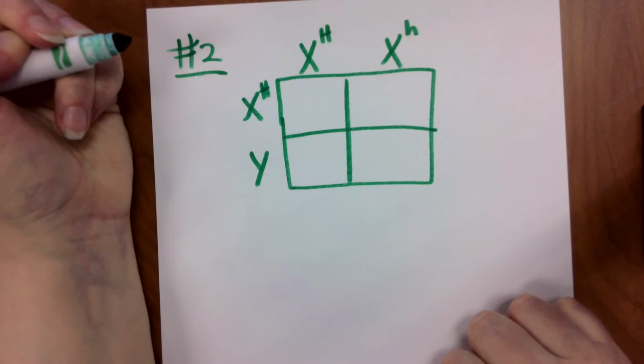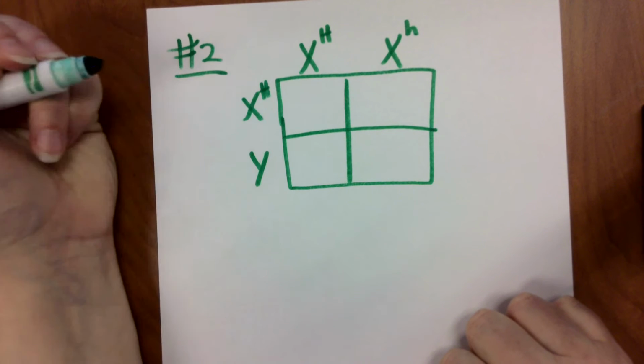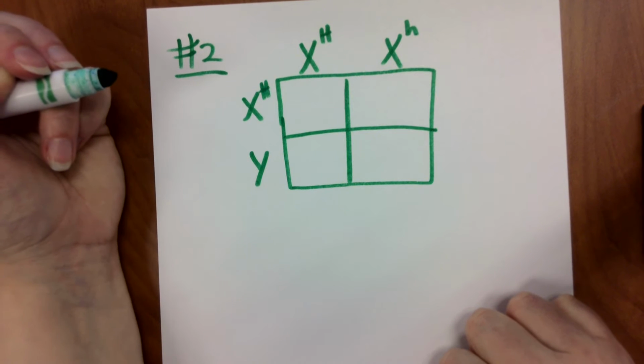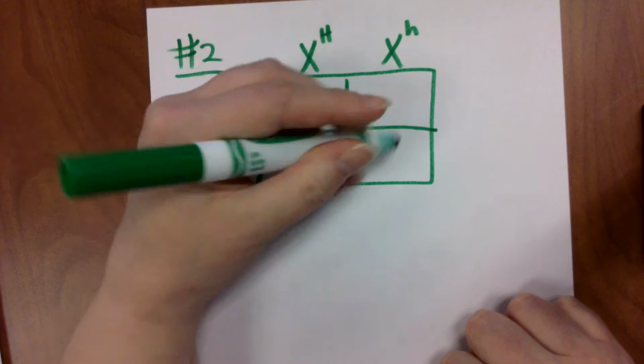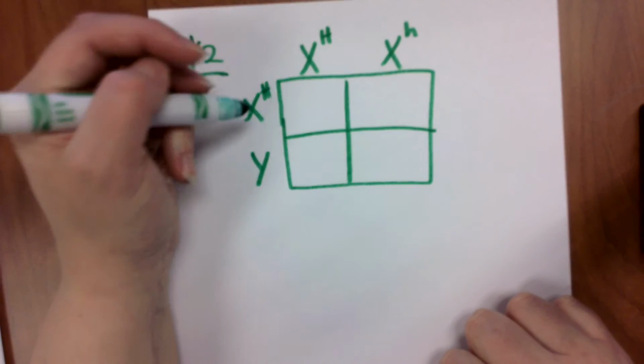So he has normal blood clotting on his X, and the Y we leave alone because obviously it's only on the X chromosome. You fill your Punnett square out just like any other Punnett square.